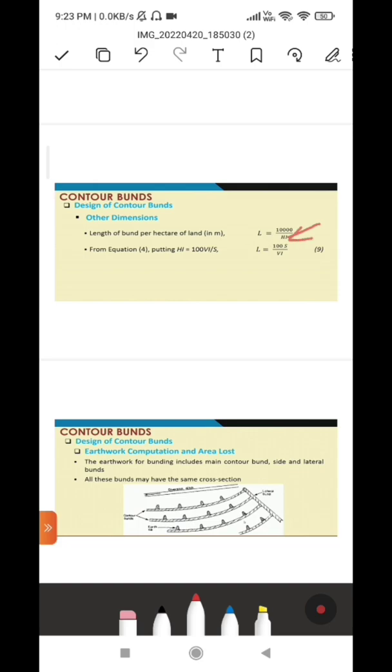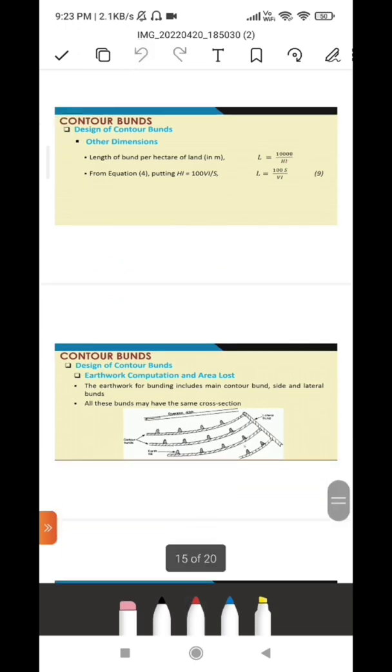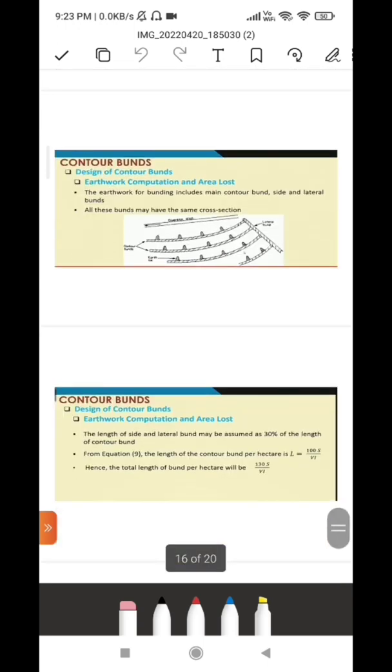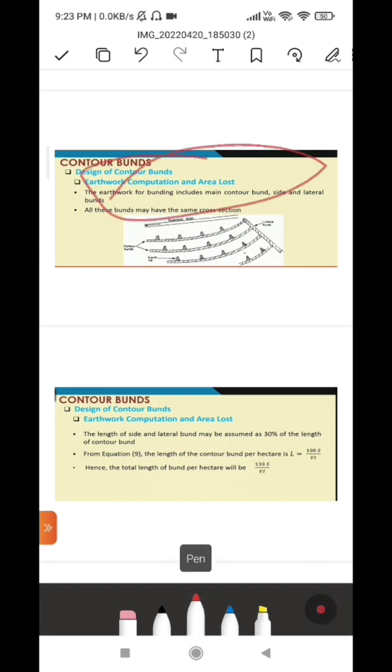And we have already talked about what HI is, that is equal to 100 VI divided by S, the slope. By putting this into the above equation, we can get L equals 100 into S divided by vertical interval.